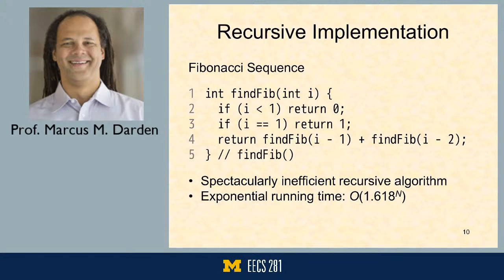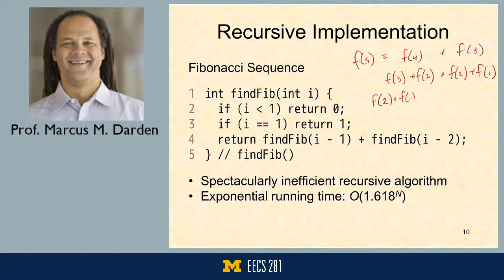So if we try to find something like Fibonacci of 5, we know that F of 5 is just equal to F of 4 plus F of 3. And then F of 4 is just equal to F of 3 plus F of 2. And F of 3 is just F of 2 plus F of 1. And I keep working my way down. I see that F of 3, that's just F of 2 plus F of 1.